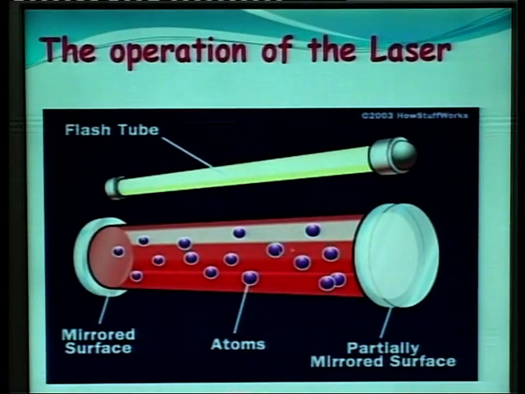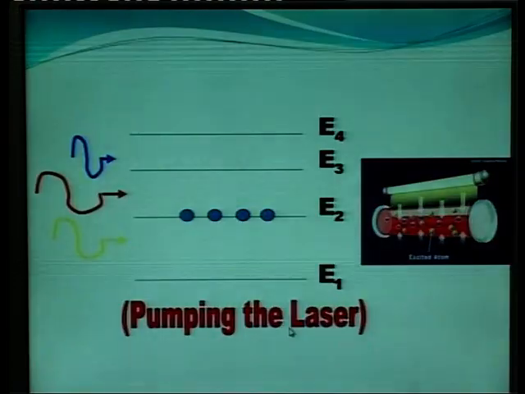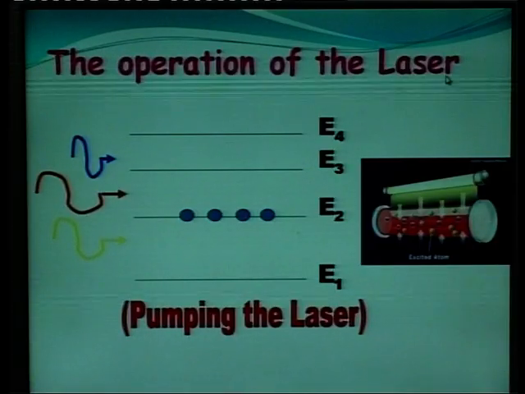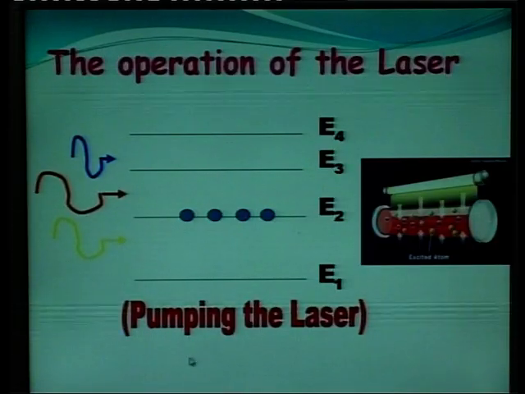Now for the operation of a laser, a diagram is shown. This is a flash tube, a partially mirrored surface, and this is a fully mirrored surface, and these are atoms in between in the tube. The different steps in the operation of a laser: one is pumping the laser.